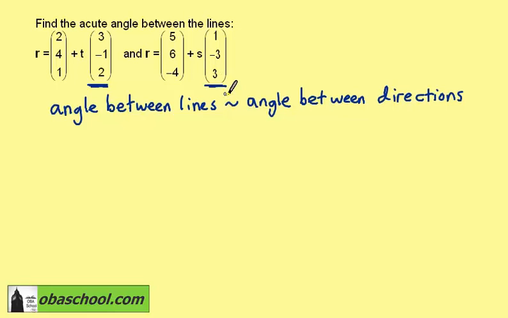We know the definition of the scalar product is that a dot b is the modulus of a times the modulus of b times the cosine of theta. We've seen this before.